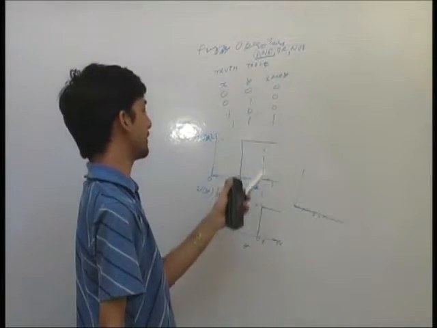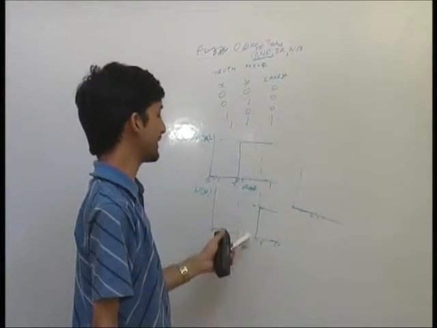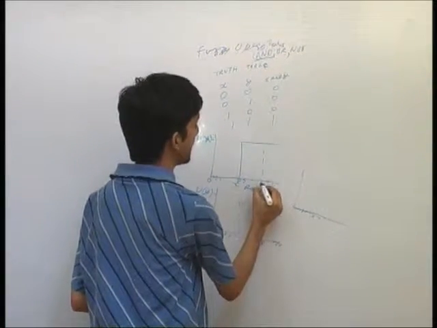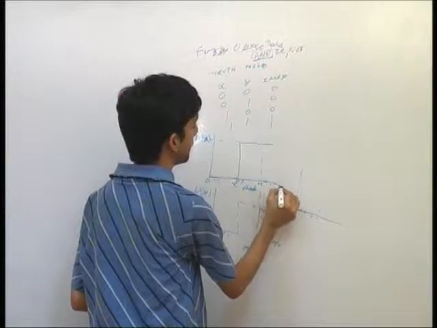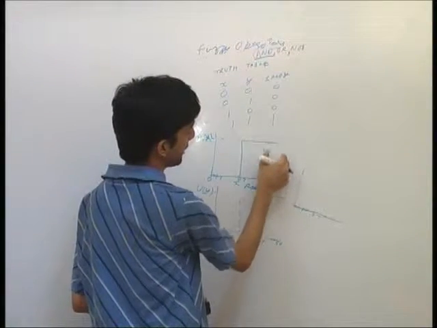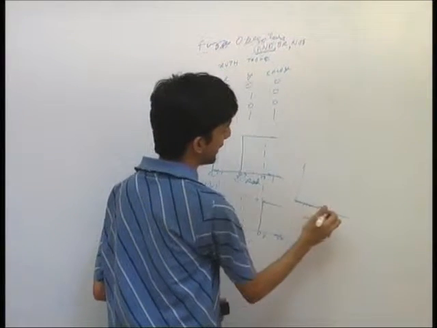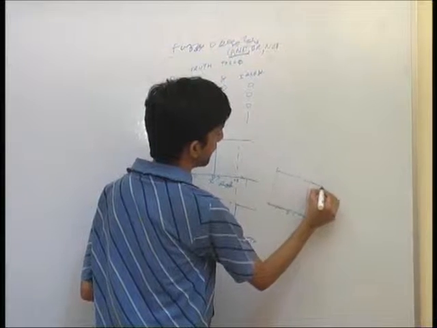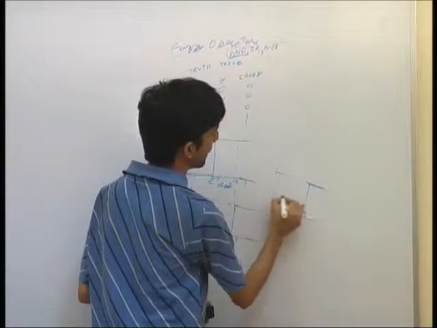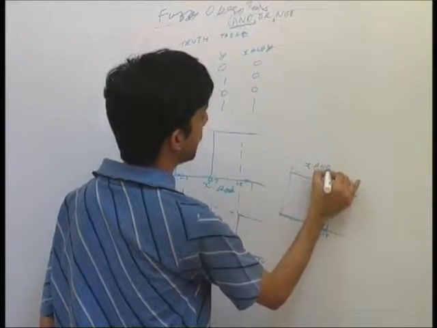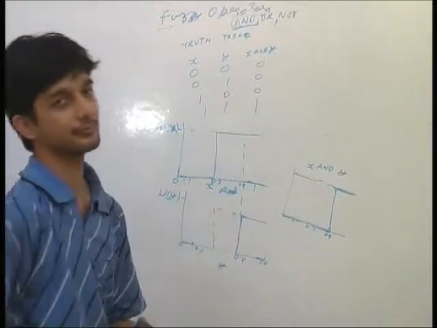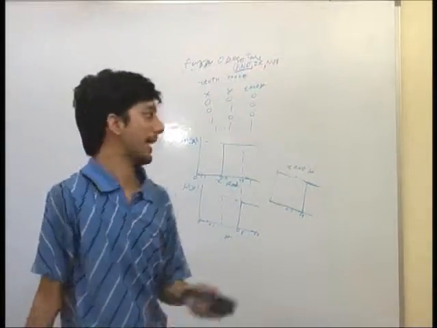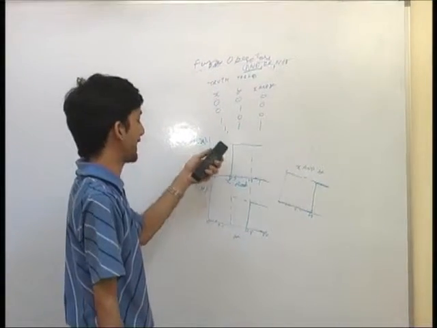After this 0.8 mark over here, the membership degree here is 1, the membership degree here is 1, so it's 1 and 1, and that is when after 0.8 I get a value of 1. And this is what comes up to be the graph of x and y.